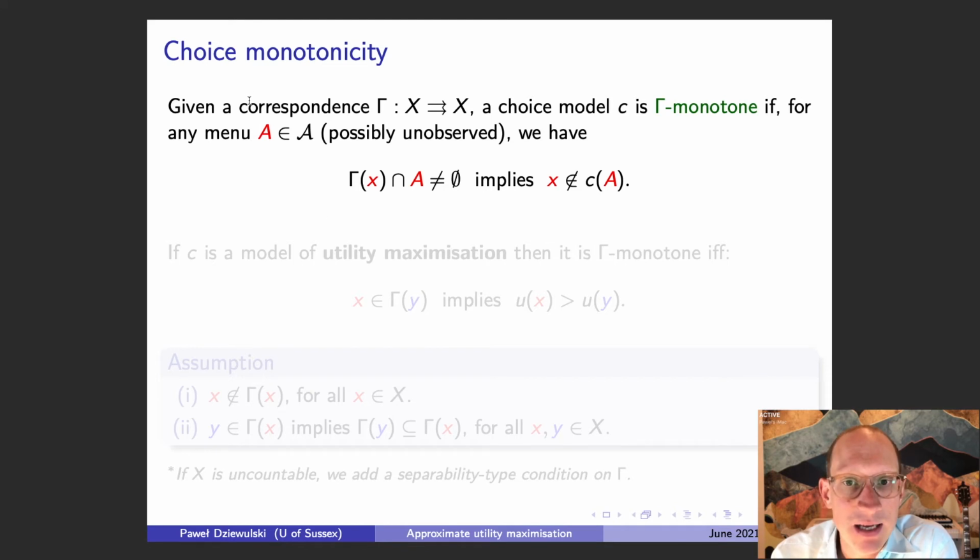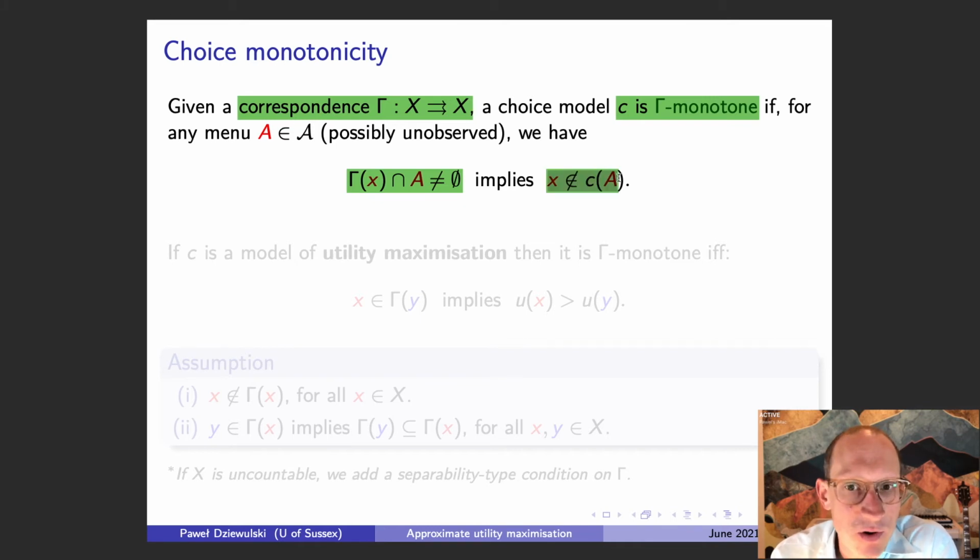So I will take a correspondence gamma that maps X to 2^X. I'll give the interpretation in a second. And then I will say that the choice model C is gamma monotone if for any menu A the following condition holds: whenever gamma of X intersects the menu A, then it can never be that X is chosen from A. Essentially what this means is that gamma of X is a normative assumption that the researcher is making about the choice.